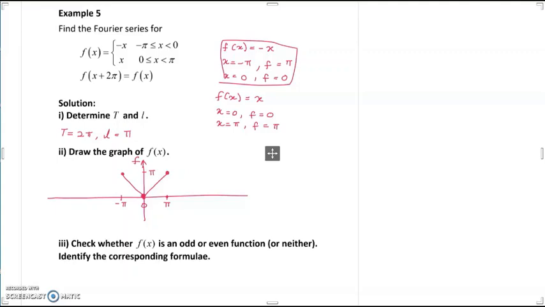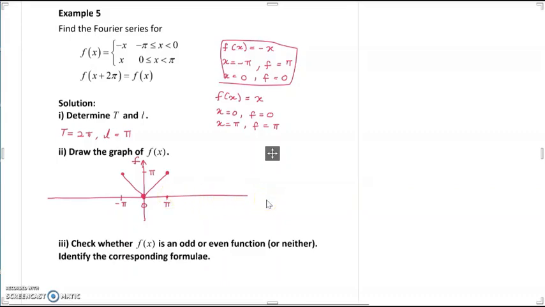Okay, so we can see that the graph is symmetric about the y-axis. So we know straight away this is an even function. But first of all, let us see the expansion of our graph. On the right hand side, the next expansion would be from pi to 3 pi, because the length of the interval should be 2 pi, the period of 2 pi.